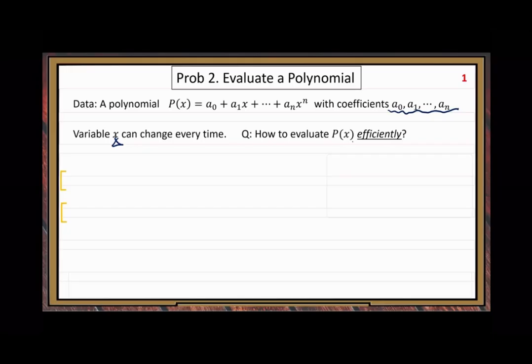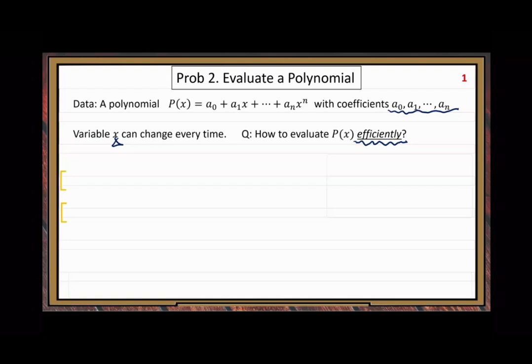Here, this word is very important: efficiently. From this question, you can see in our algorithm class, when we solve a computing problem, first we need to make sure we find the correct answer, but that's not enough.